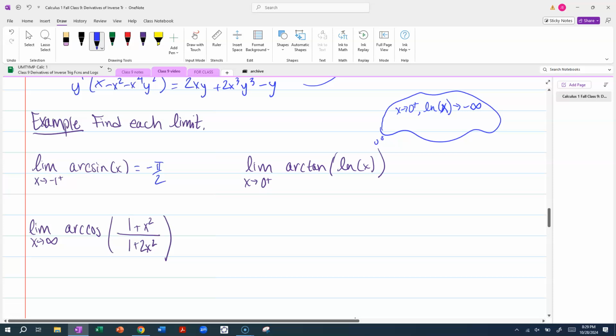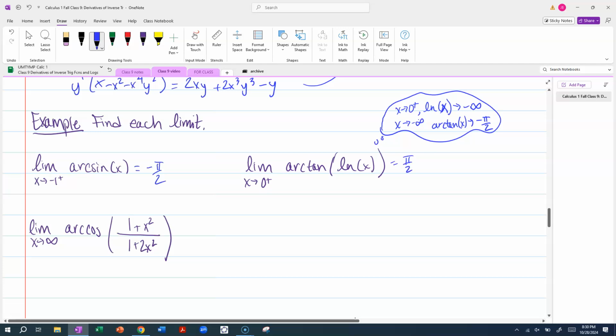So then, as x goes to -infinity, what is happening to arctangent of x? As x goes to -infinity, arctangent is going to minus pi over 2. So that should be my answer.